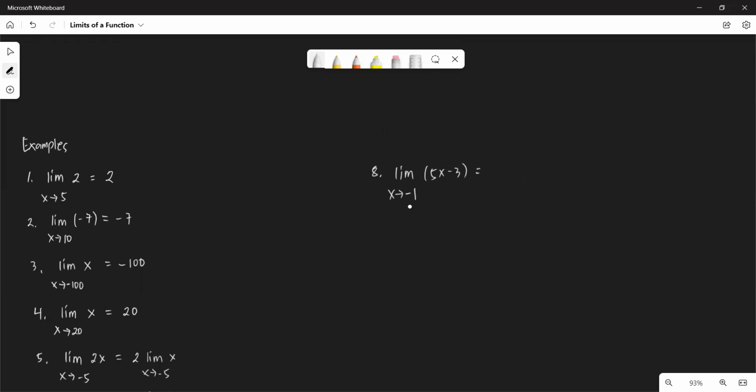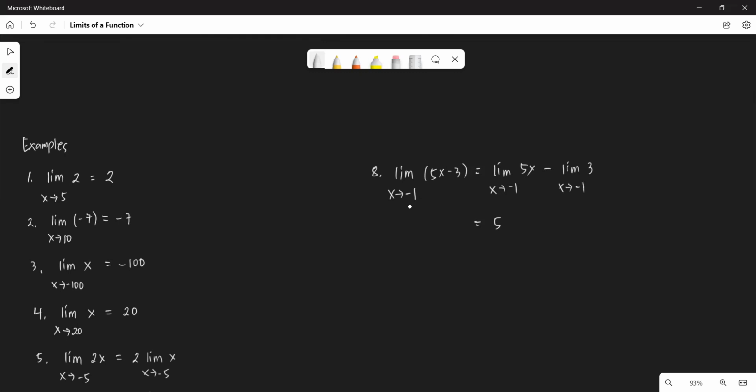So using property number 5, get the limit of 5x first as x approaches -1, and then subtract the limit of the second term, 3 as x approaches -1. Using property number 3 and property number 2, we have 5 times the limit of x as x approaches -1.